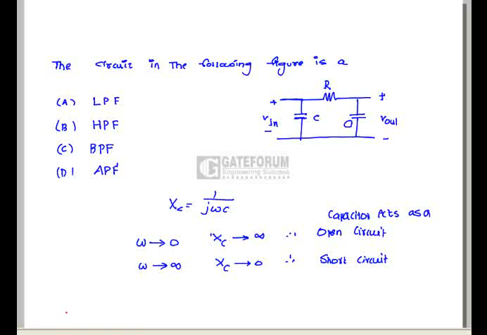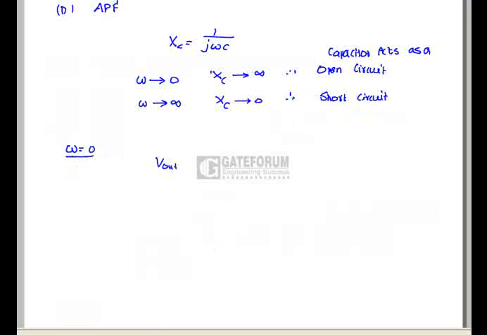That is, when omega equals 0, V out equals V in, whereas when omega equals infinite, V out equals 0.